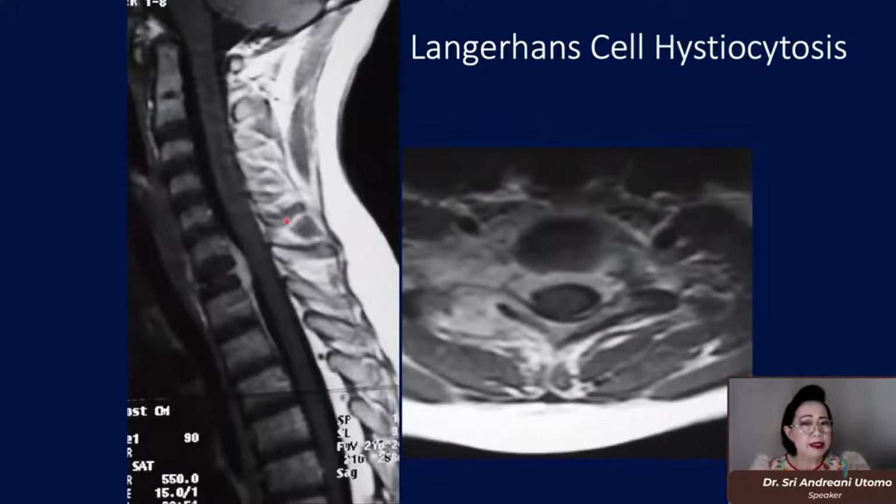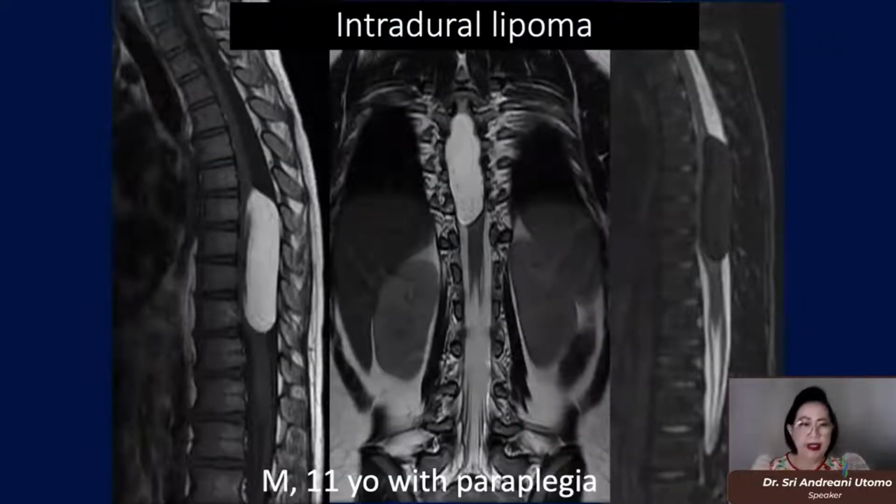Now, Langerhans cell histiocytosis is also part of the differential diagnosis, with planar vertebral body and also an epidural space mass here. And this is an intradural extramedullary lipoma.